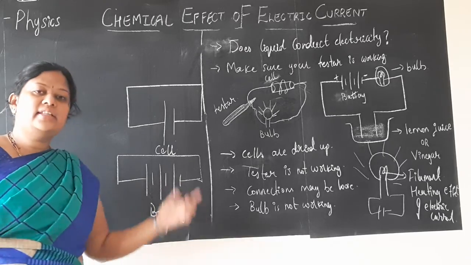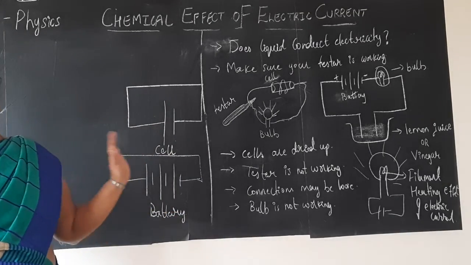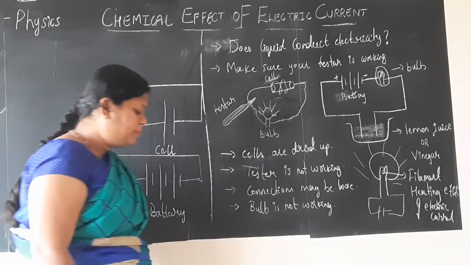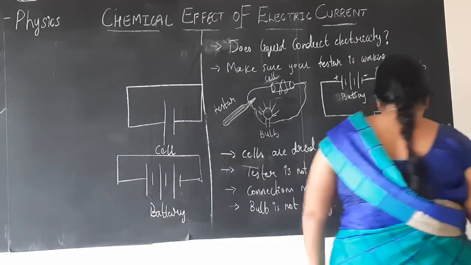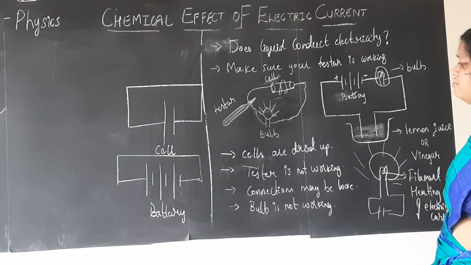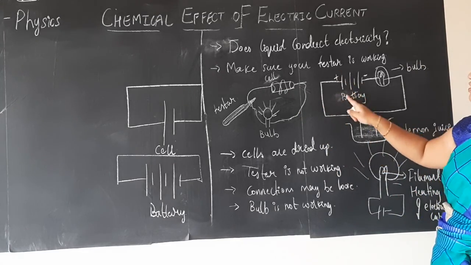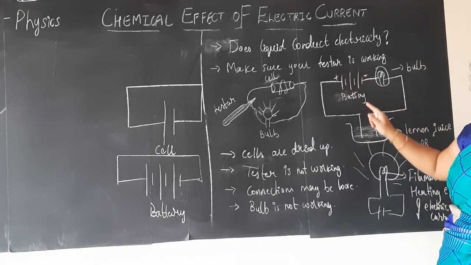Many cells connected together is called a battery. Very simple. Hope you have understood that. So, when we conduct the experiment or activity to check the conductivity of liquids, we make use of a battery, children. Look, positive, negative, positive, negative, positive, negative.